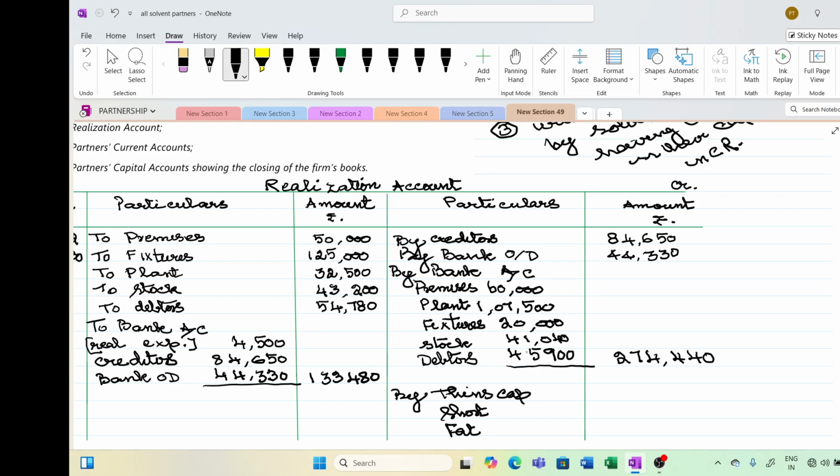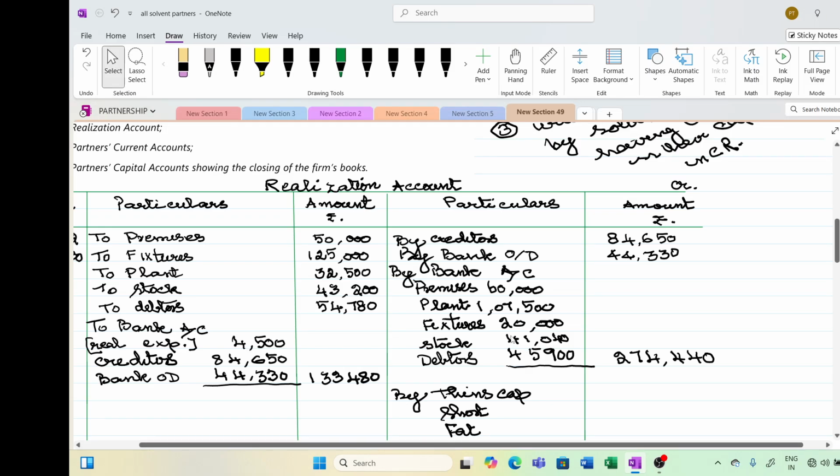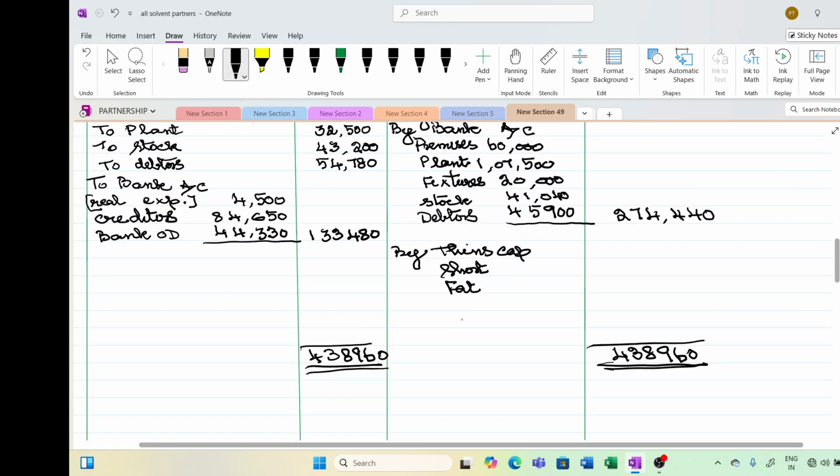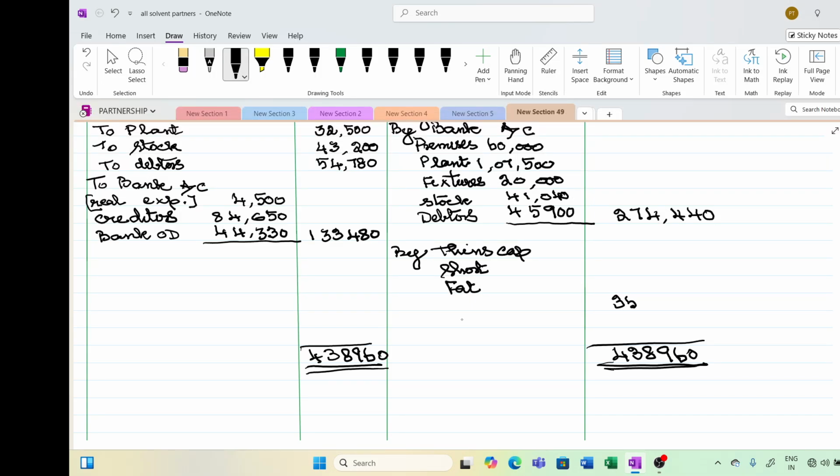This comes to 35,540. The total loss comes to 35,540. This has to be borne by all the partners in their PSR, profit sharing ratio.